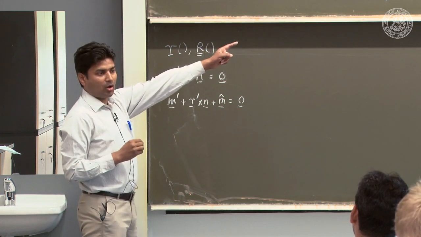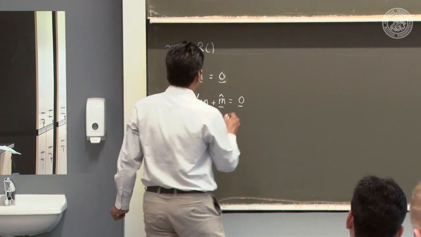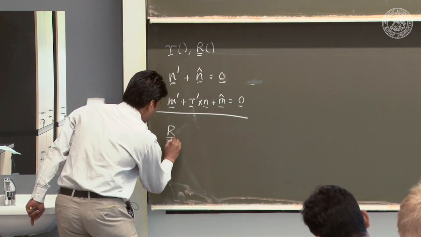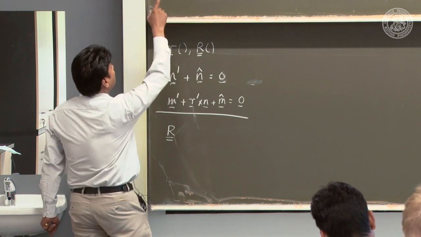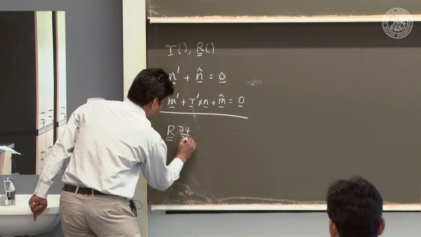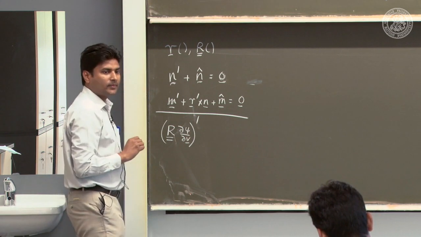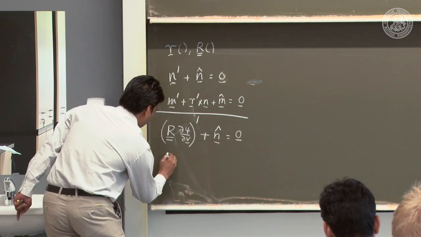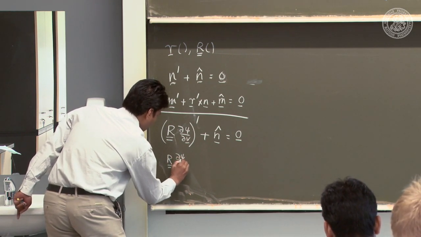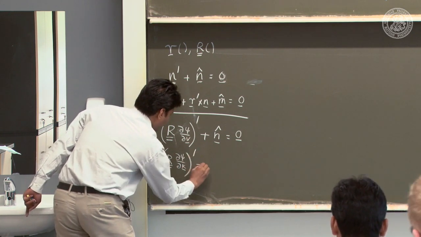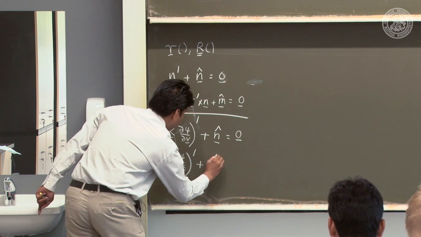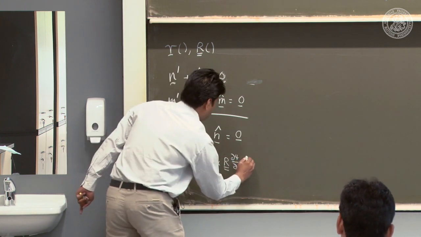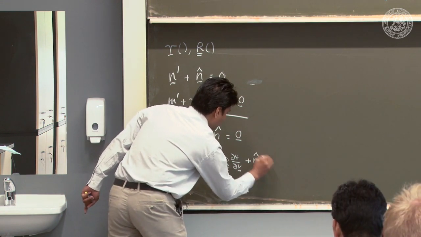So now that we have the constitutive law, we can plug it in here. So this becomes big R times del psi over del V, whole prime, plus n hat equal to 0, and then this quantity becomes big R del psi over del k, whole prime, plus little r prime cross big R del psi over del V, plus m hat equal to 0.